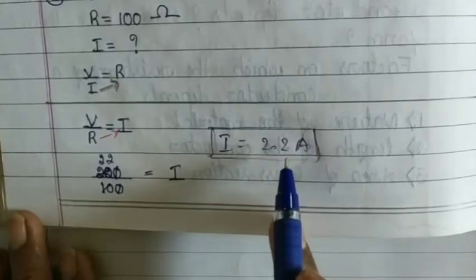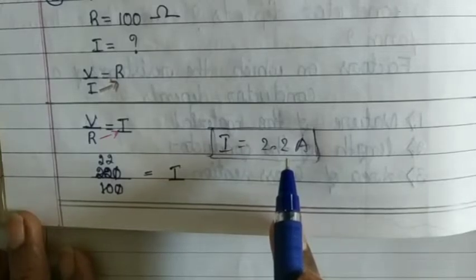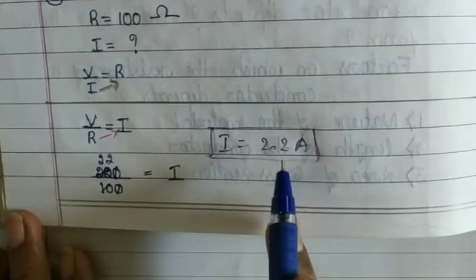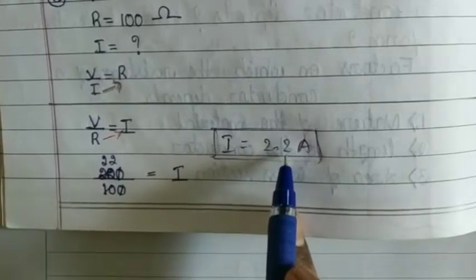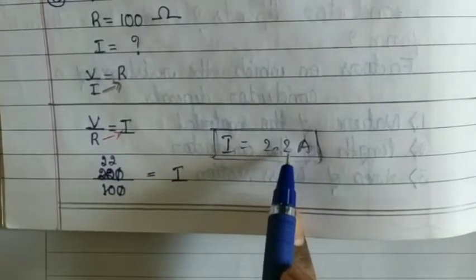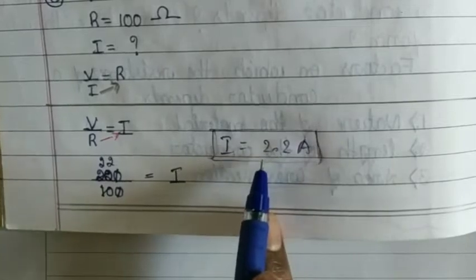Note the difference of current drawn by an electric bulb and electric heater from the same 220 volt source. This is because the resistances of the two electrical appliances are different.